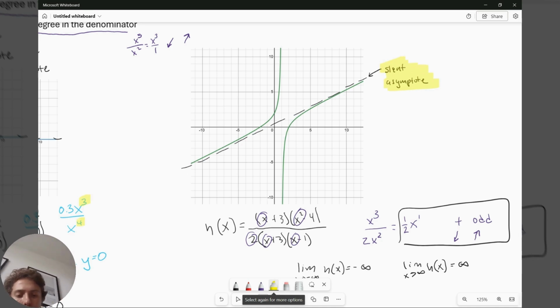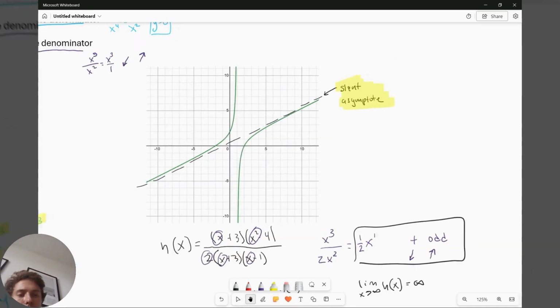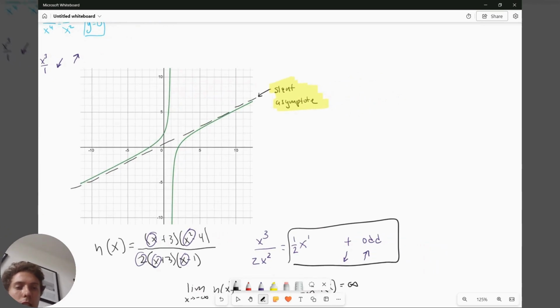Slant asymptotes occur in a very, very specific time. Slant asymptotes occur when the numerator has a degree that is strictly one larger than the degree on the bottom.